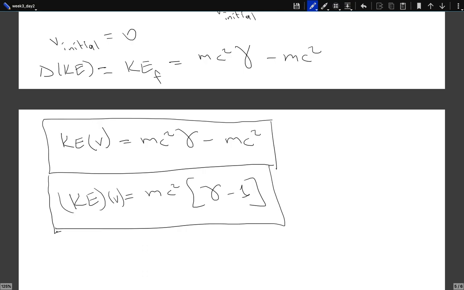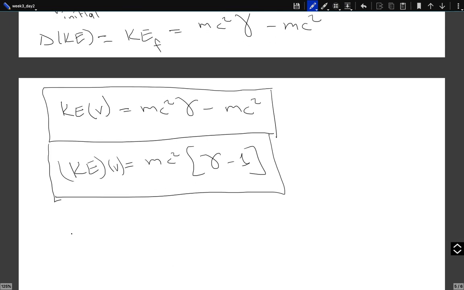So if there's no potential energy to change, the change in the kinetic energy of the object is nothing but the change in the energy of the object, the total energy.